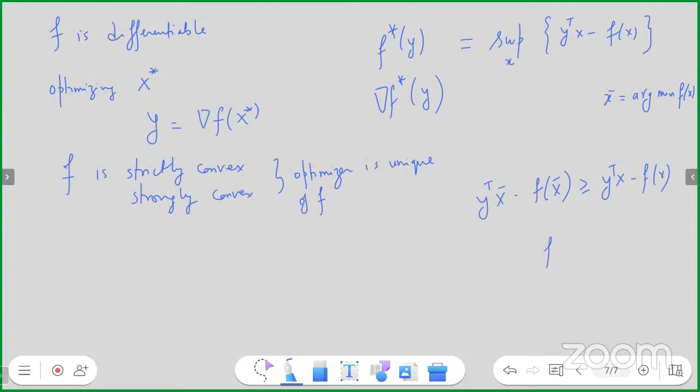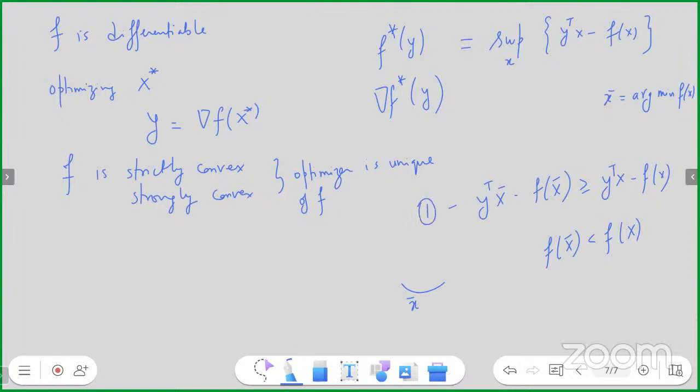All I know is f of x bar is less than or equal to, or actually strictly less than, f of x. Let's put it strictly here. So suppose this is not true, I'm trying to give a contradiction. You're saying suppose one is false.